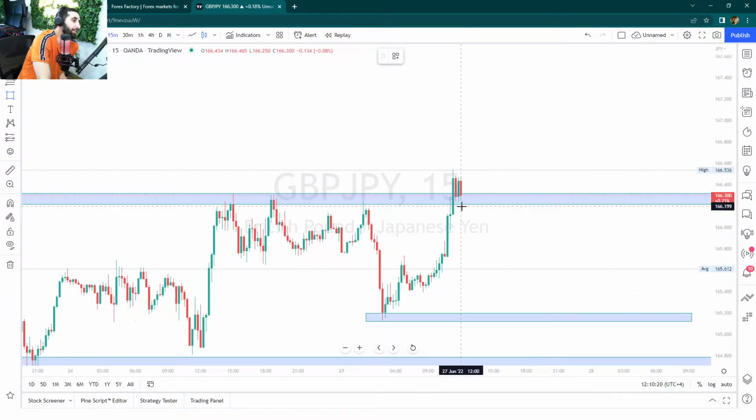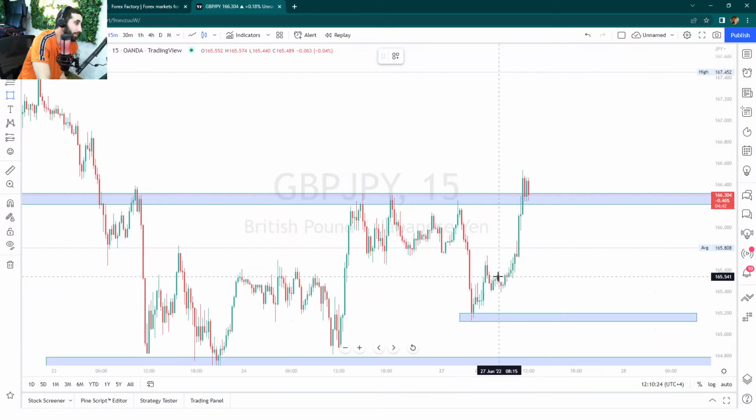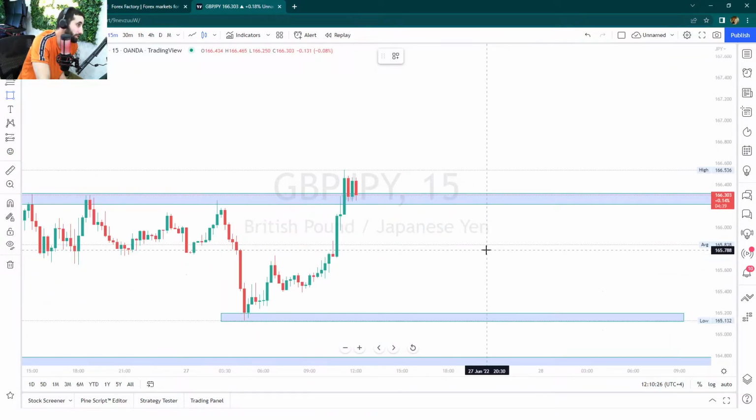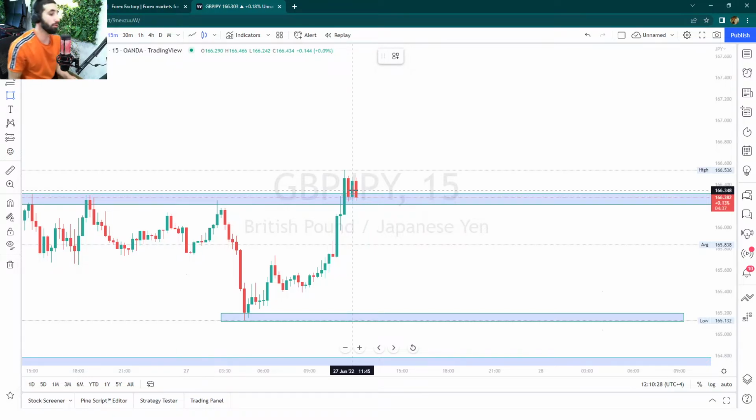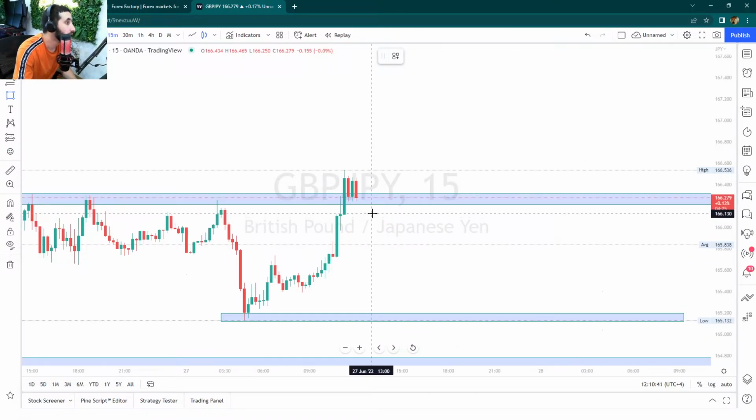Because it might reverse this price. It might go back to this channel and continue all the way down. Who knows? This is the market. It's unpredictable. But with the right techniques, you can always put yourself on the safe side. That's the most important part that we are looking for, to always be on the safe side.